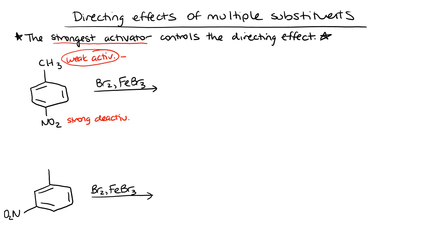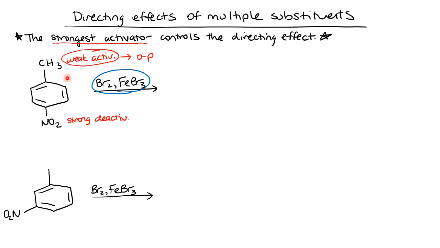Now we know that our activating groups are ortho-para directors. Now we'll be reacting this benzene ring with halogenation conditions. We'll be installing a bromine at either the ortho or the para position. Now we want to focus on the ortho or para position in relation to our methyl group.